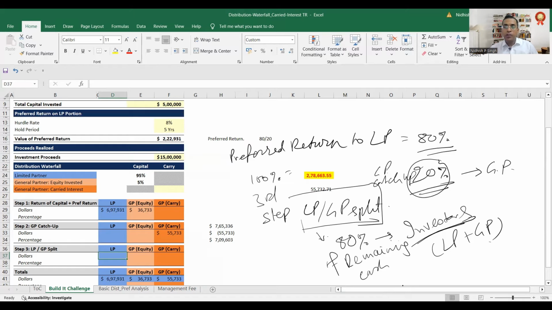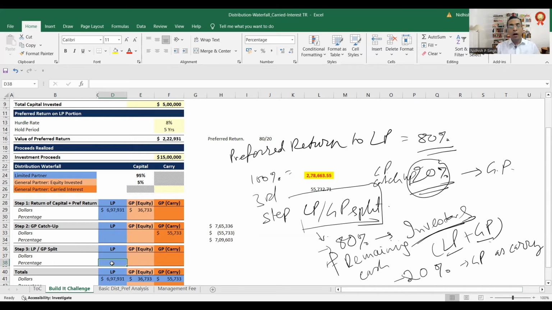So what happens to the remaining 20%? That remaining 20% will be given to GP as carry. Okay. So this 20% here, 80% here, and this 80% will be distributed between LP and GP both. So if that is the case, what would happen to the percentage?